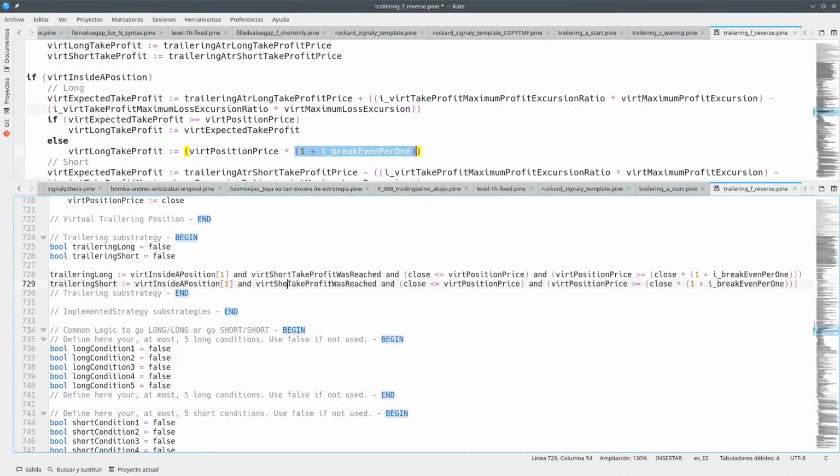So long take profit has been reached. The price is above the pre-position price, and this is our target, and this needs to be below or minimum. Yeah, that's right.